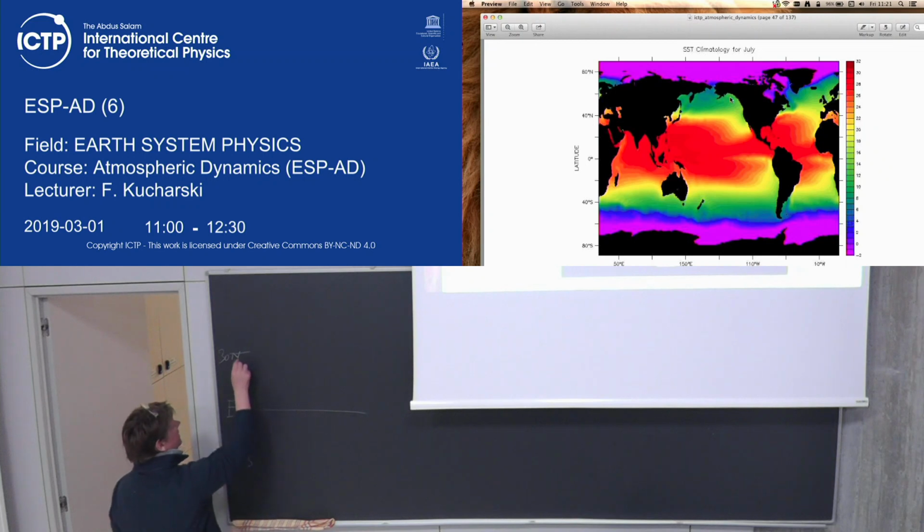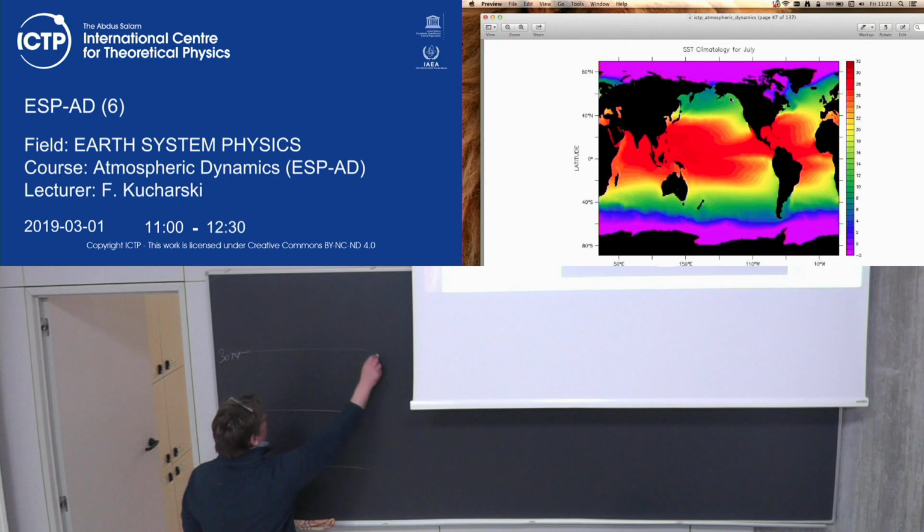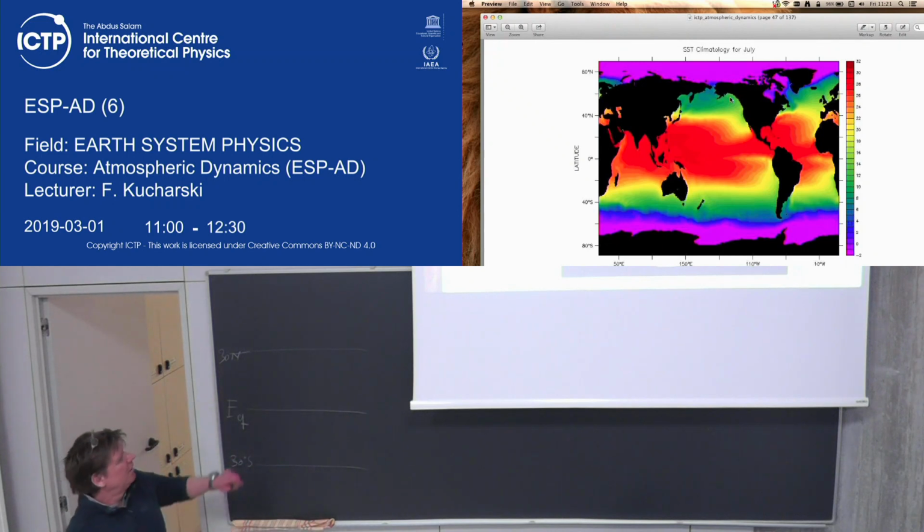We will discuss this later in the course actually, what is the typical situation, but maybe you probably know what is the typical pressure distribution if you think of just meridional changes between equator and 30 north and 30 south. Where do we have high pressure and where do we have low pressure?